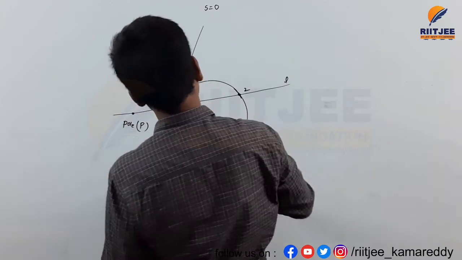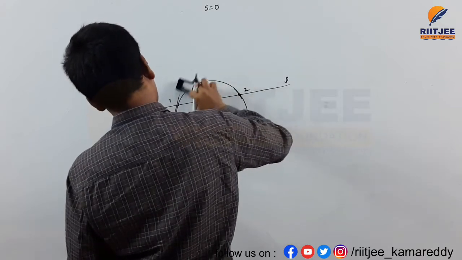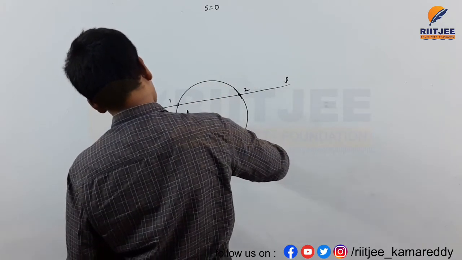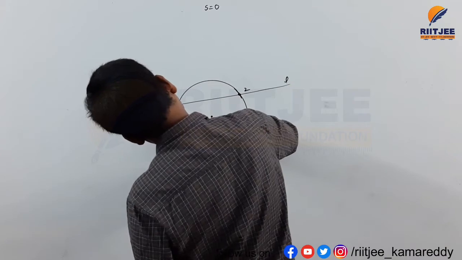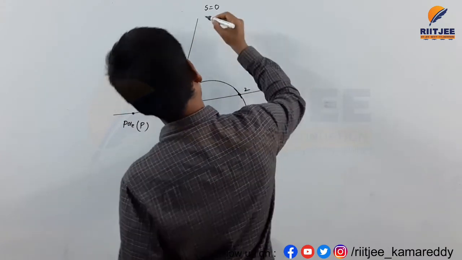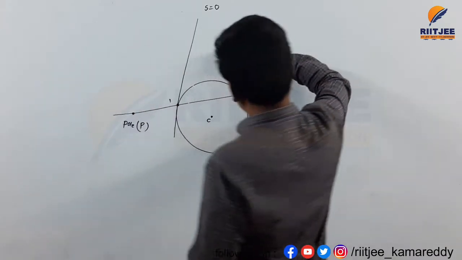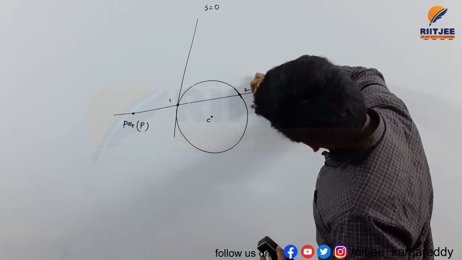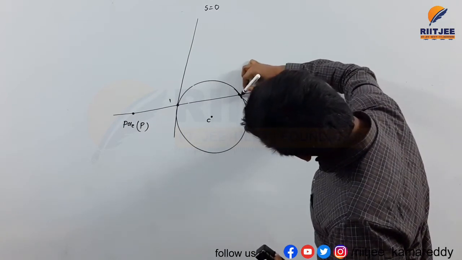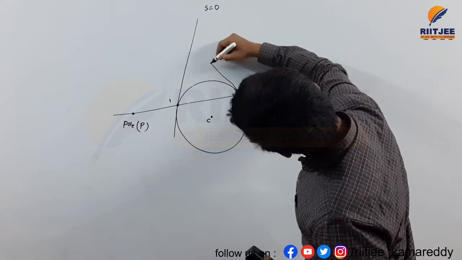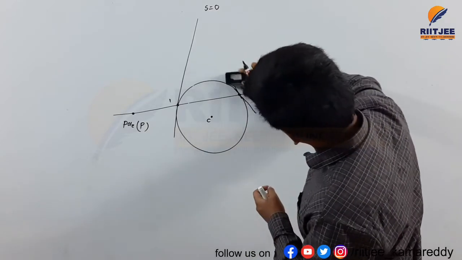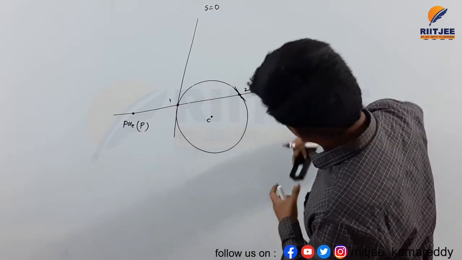From these 2 points I am drawing tangent lines, and from this point to the point of contact I am drawing one more tangent line.